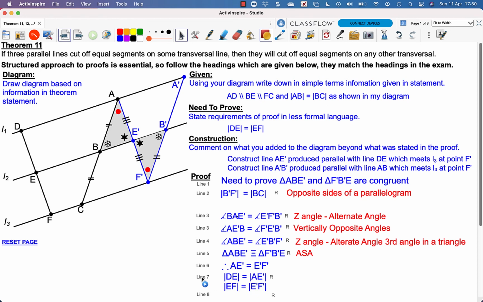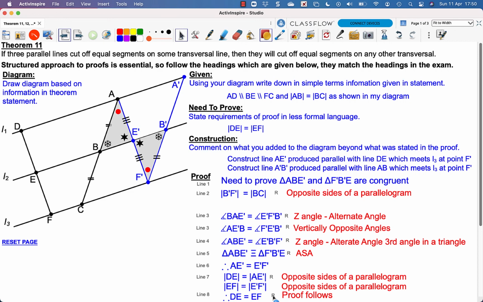So we can write this down, and as I said, the reason we've already established is that they are opposite sides of a parallelogram. If DE is equal to this, and EF is equal to this, and these two items we've already established are equal to each other, then line 8 follows very simply: DE is equal to EF, and the proof follows.